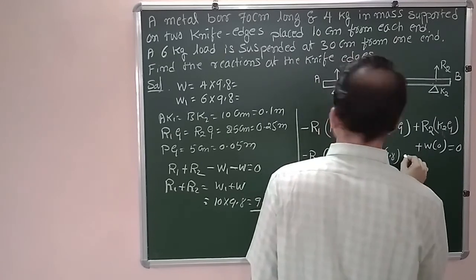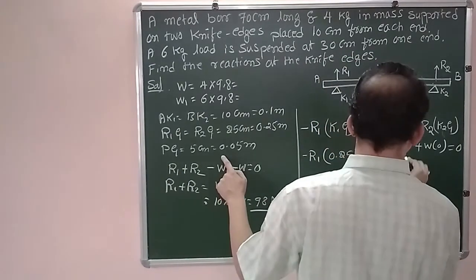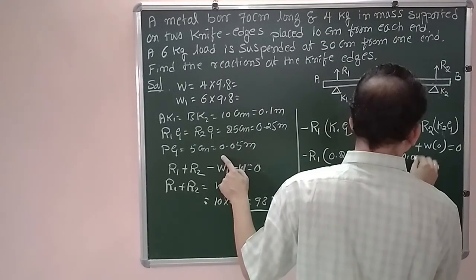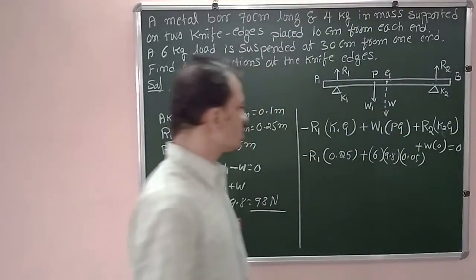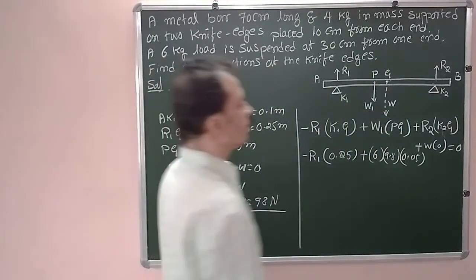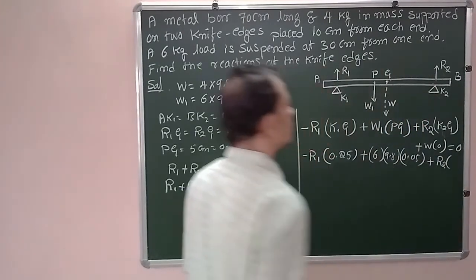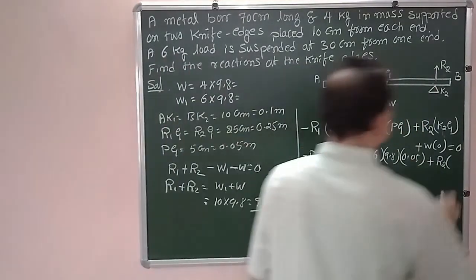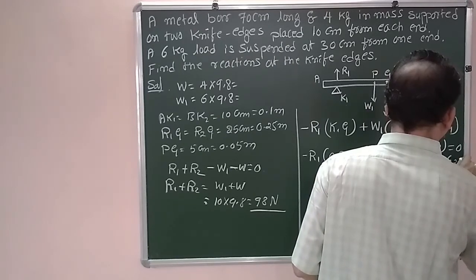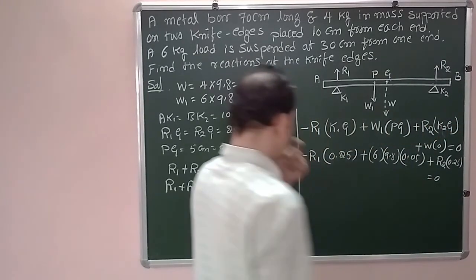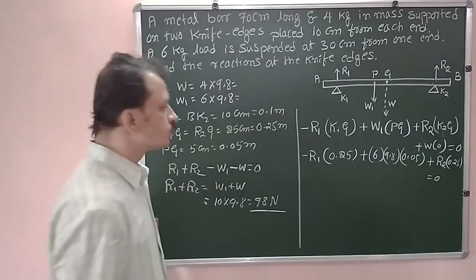This distance PG is 5 centimeter, in meters 0.05. What is K2G? Once again 0.25, is equal to 0.